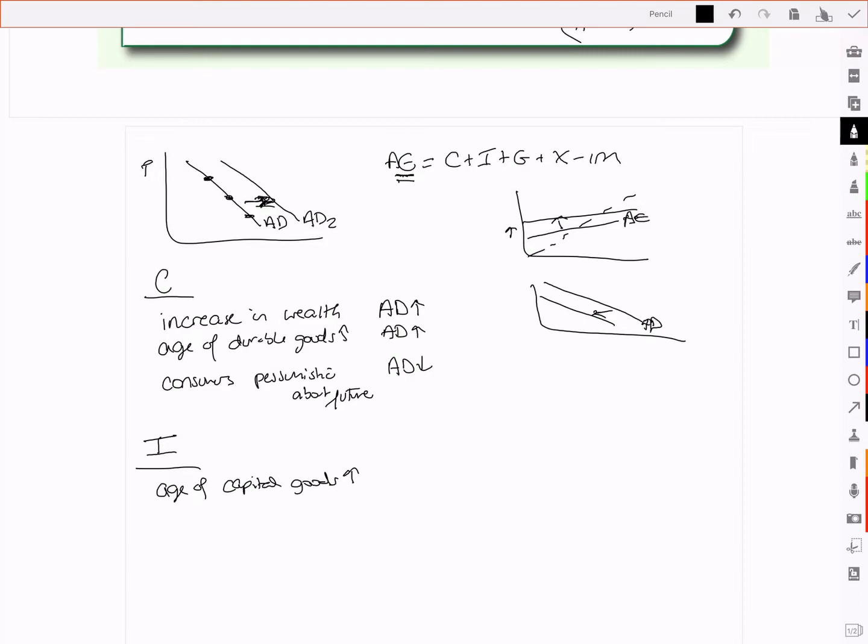That increases aggregate expenditures, increases the equilibrium size of our economy, but it's not a price change, so it's shifting aggregate demand. So capital goods get older, demand for goods, in this case capital goods, increases. The graph shifts to the right. Then we have, what if there is a decrease in spare capacity?